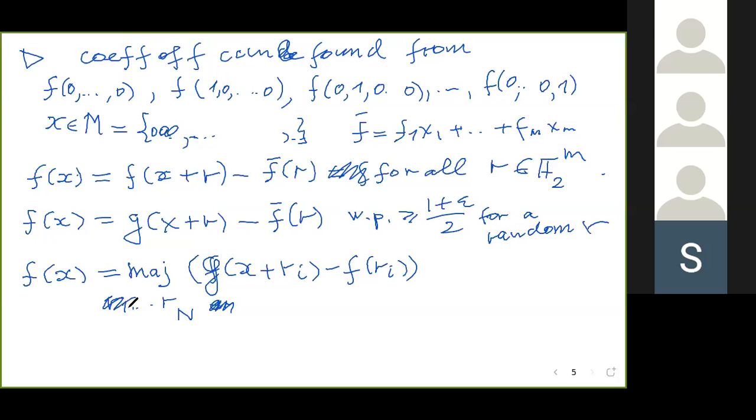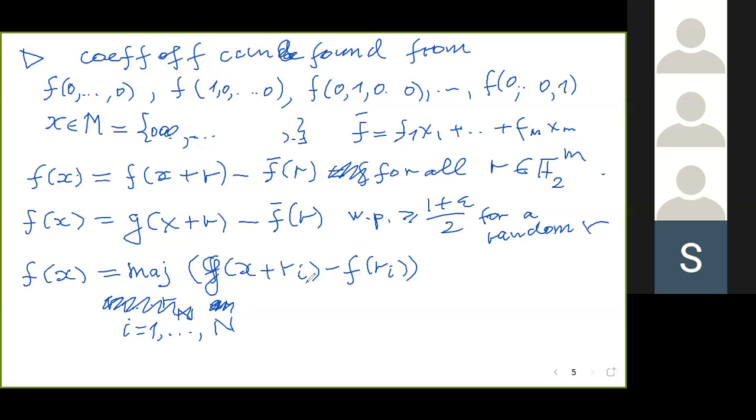The majority is over i, which ranges from 1 to n, and r1, ..., rn are chosen independently with uniform distribution.